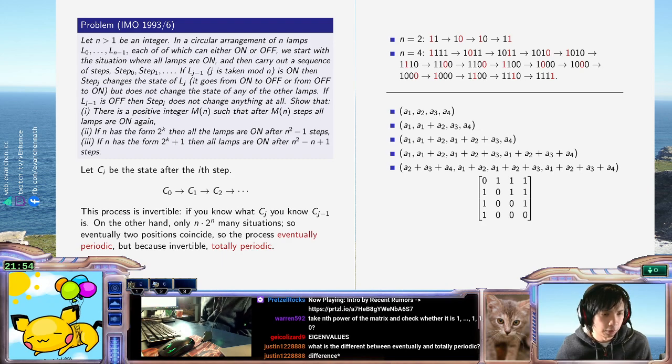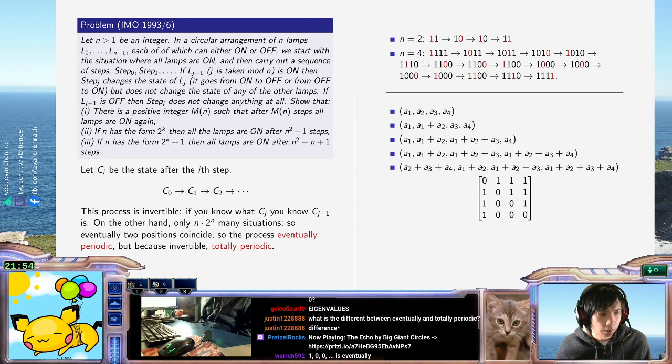What is the difference between eventually totally periodic? So yeah.